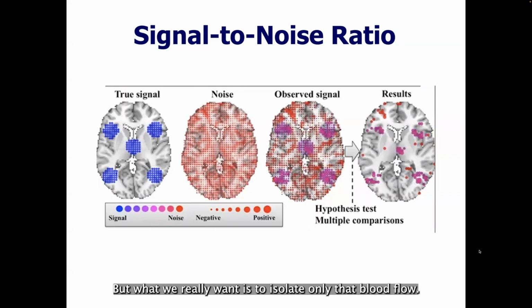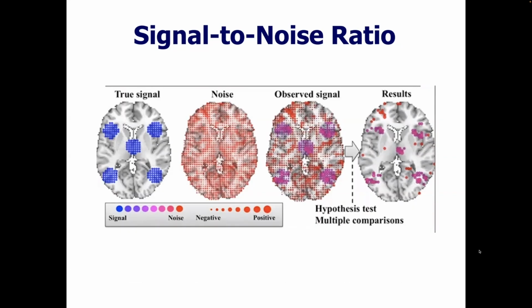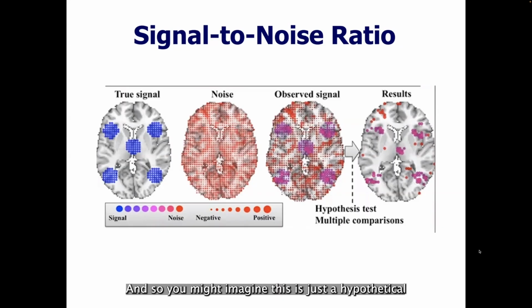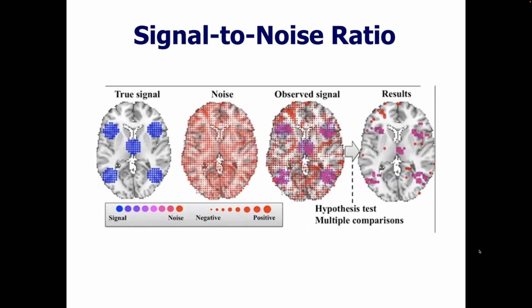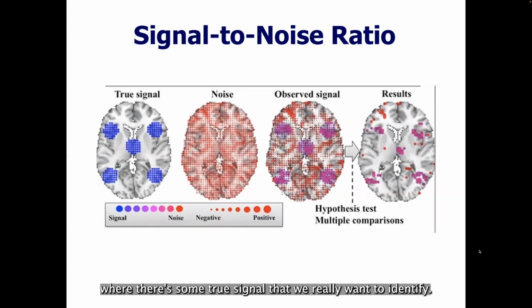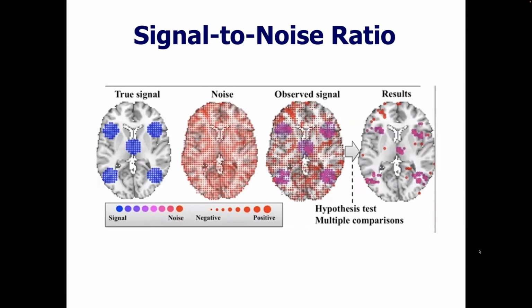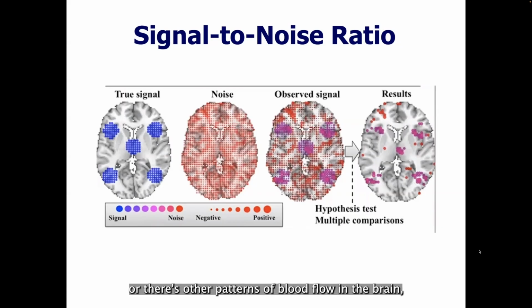But what we really want is to isolate only that blood flow that's related to neural firing associated with finger tapping. And so you might imagine, this is just a hypothetical, where there's some true signal that we really want to identify. And then, of course, there's noise, or there's other patterns of blood flow in the brain.